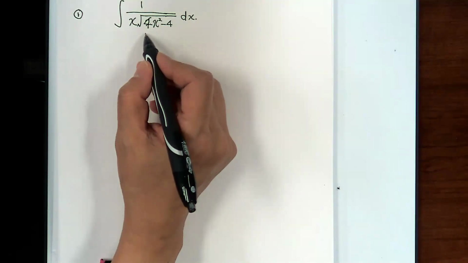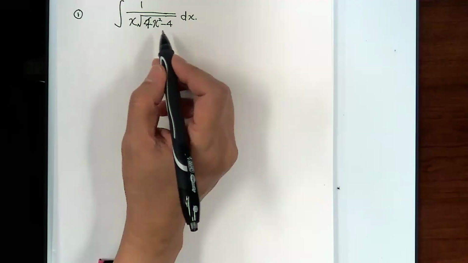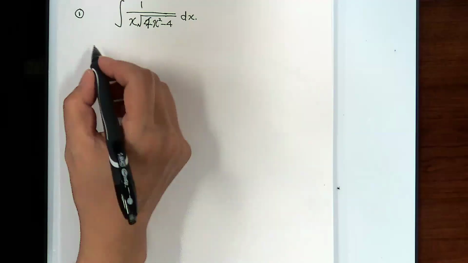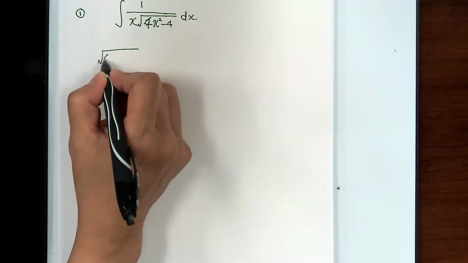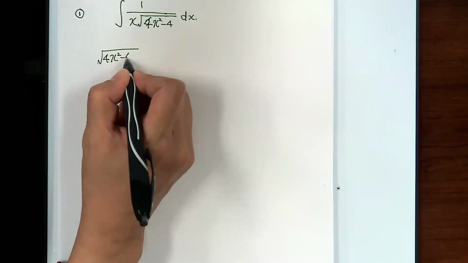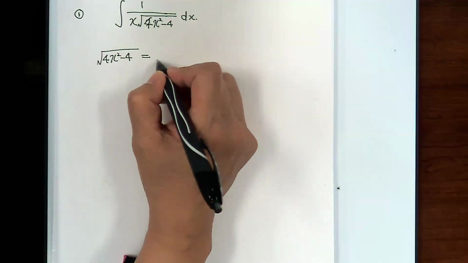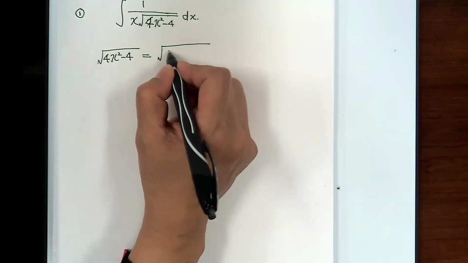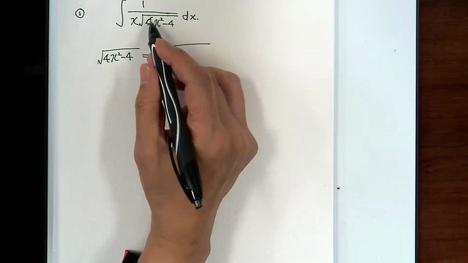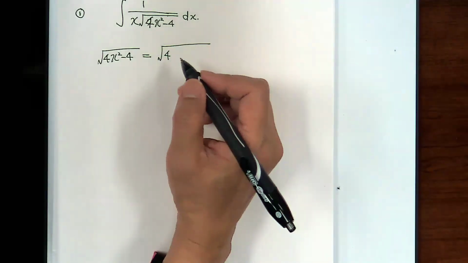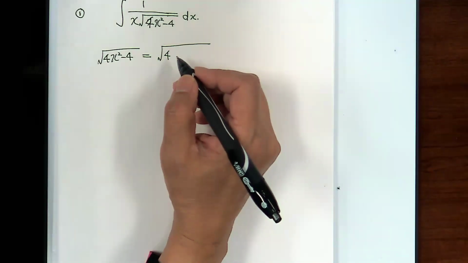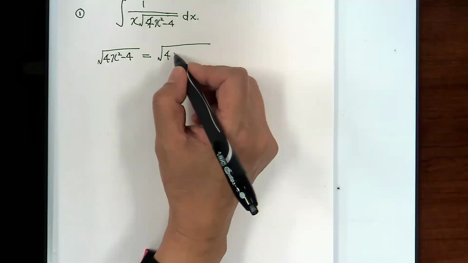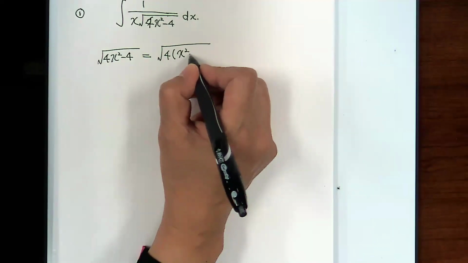We can convert this one as 2x squared, or we can write the given form differently by taking out 4, because 4 is the common factor, to get rid of that number inside the square root sign. So 4 times x squared minus 1.